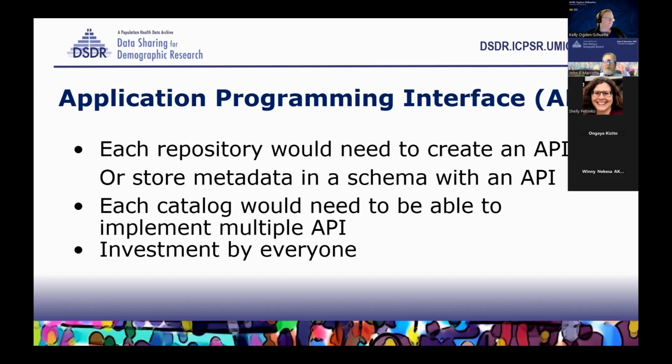So each repository would need to have an API for their metadata schema. Or, as I like to encourage people, store the metadata in a schema with an API. Each catalog would need to be able to implement multiple APIs. You would need to be able to both export your catalog and import as well.